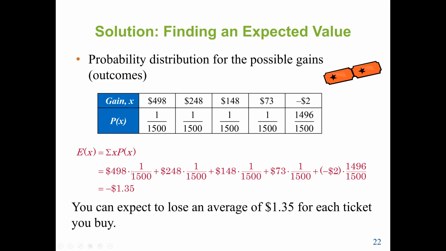So if we multiply each X value by its probability and add all together, we will get negative $1.35. So this will be my expected gain. So you can expect to lose an average of $1.35 for each ticket you buy. So again, the answer is negative, so it's a loss. If it's positive, then it will be a gain.